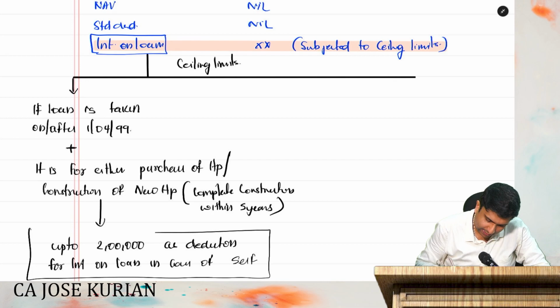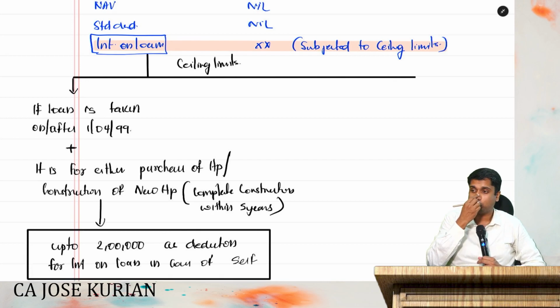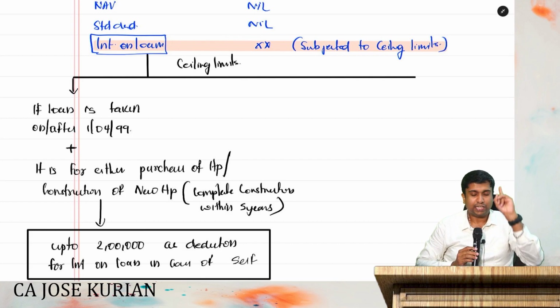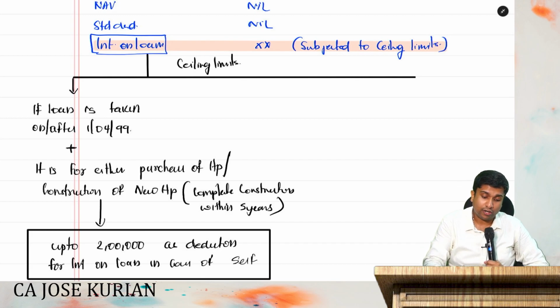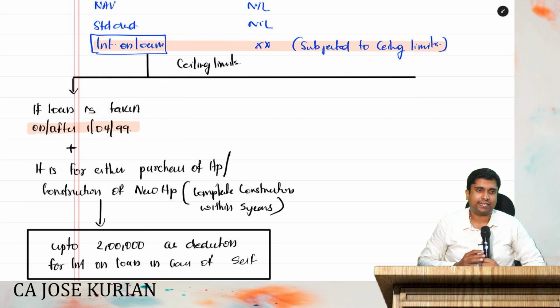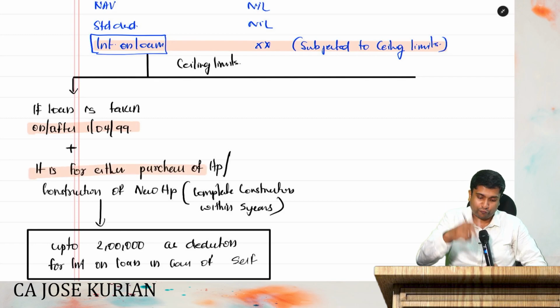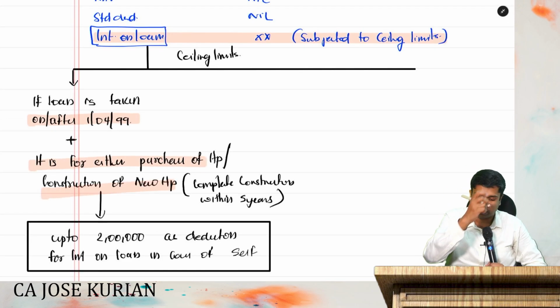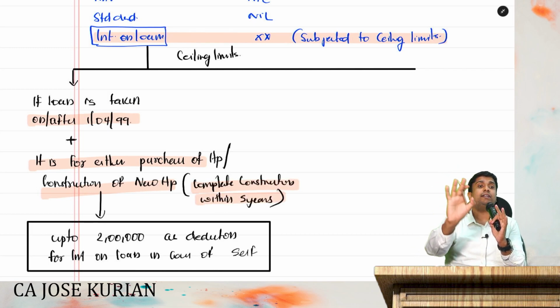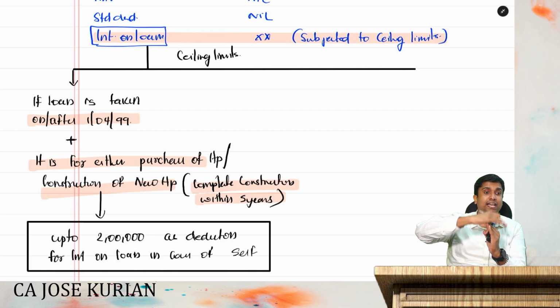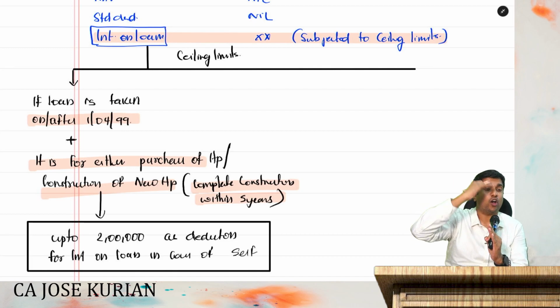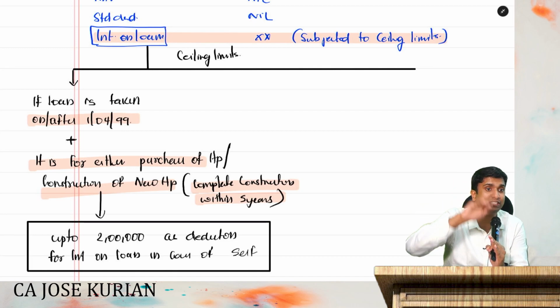So listen friends, it's pretty simple. The loan date they have mandated should be after 1st April 1999, plus you have taken the loan either for purchase or for construction of a house property. In the case of construction, you need to complete it within 5 years. In that case, the maximum deduction for interest suffered on self-occupied house property is 2 lakh.